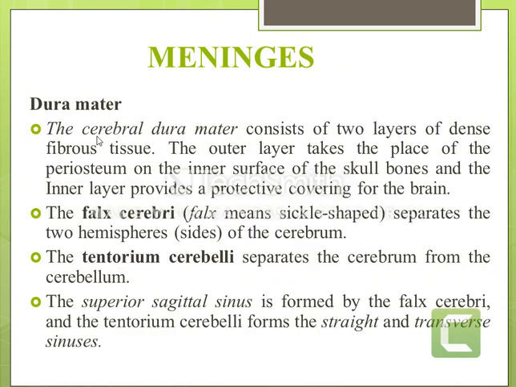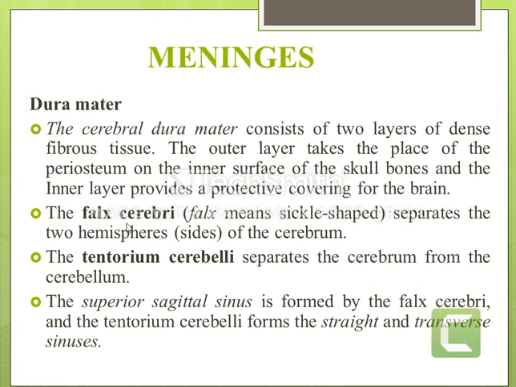See this, the dura mater consists of dense fibrous tissue. The outer layer takes the place of the periosteum on the inner surface of the skull bone, and the inner layer provides a protective covering of the brain.